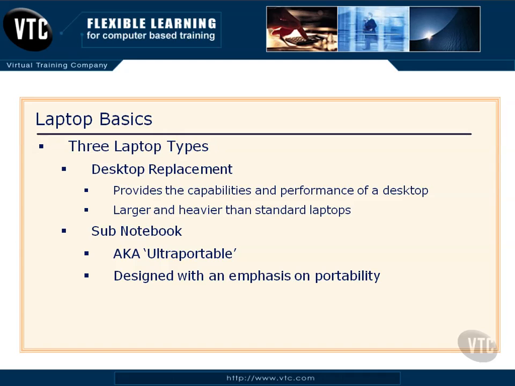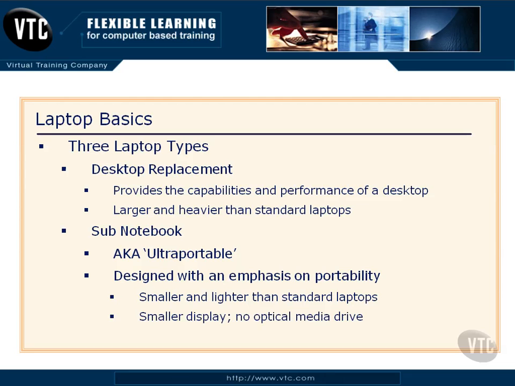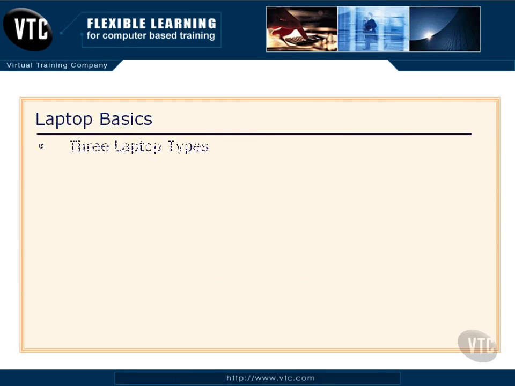You have Apple's Air now. And so these are smaller and lighter than standard laptops, as opposed to desktop replacements, which are larger and heavier than standard laptops. Often with sub notebooks, you have smaller displays, 13 inches or less, and no optical media drive. So if you want a DVD or a CD burner, you have to get a USB version of that to plug in, those sorts of things.